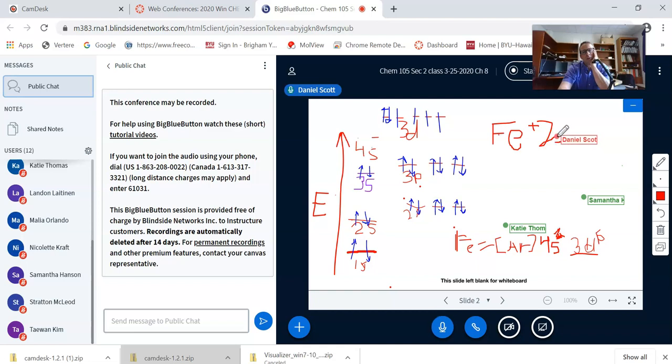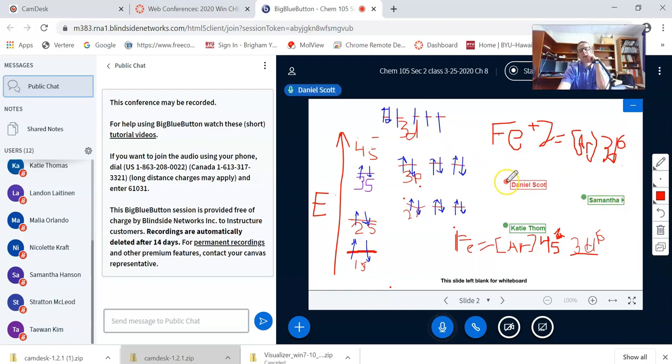But if we want to write the electron configuration for the iron ion, then we have in here our argon, and we would have what left over? 3d6, right?